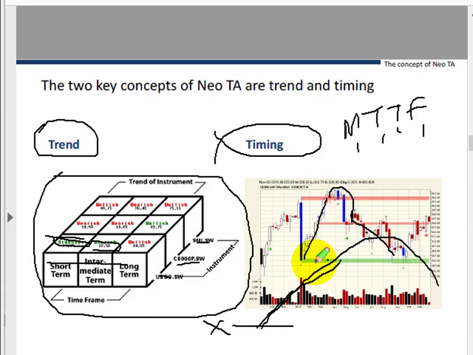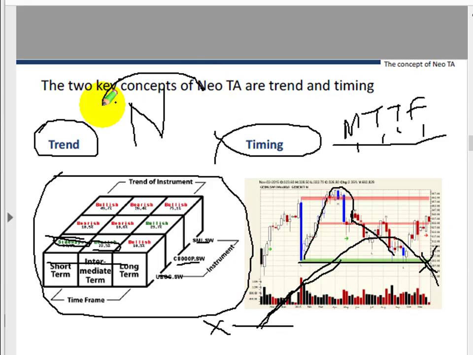It will break some sort of swing point low. And when it does, the trend has ended. MTTF works because we know the population of all stocks, sectors, and general indexes, and we know what the trend is for all instances for however much time we care to study it.